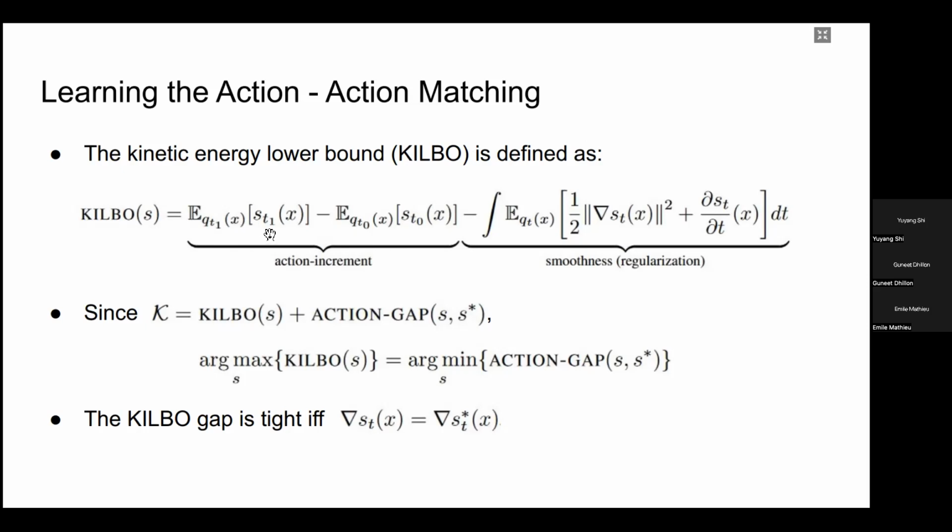So if st1 is high in areas where qt1 is densely distributed, right, then st1 should be high because then the gradient field will point there, so that the samples will move there.